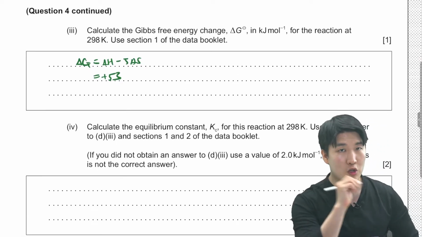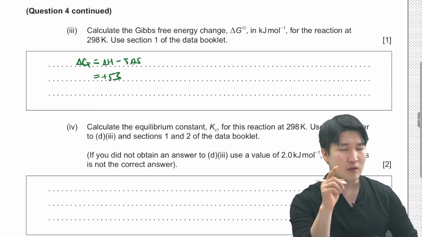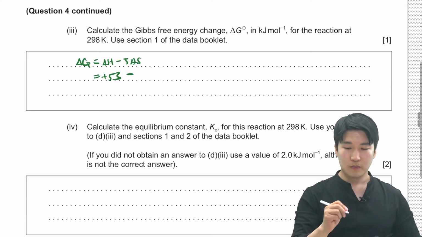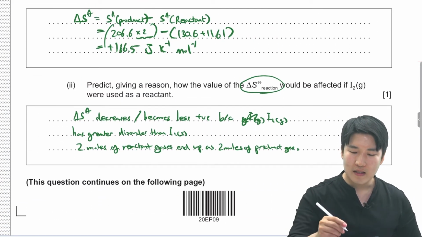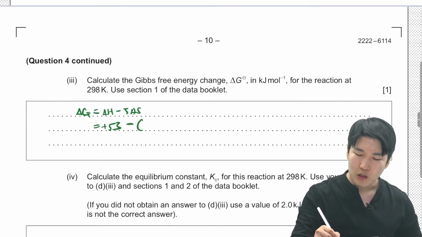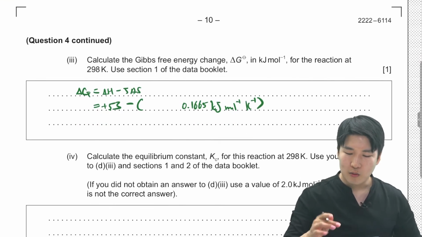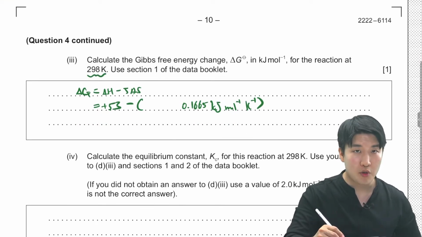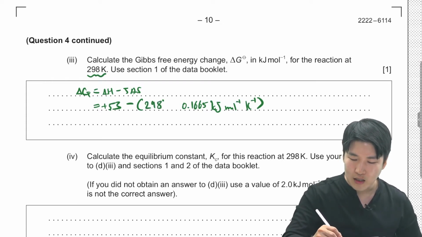Let's remember, kilojoules per mole is the standard unit for delta H, which is not the case for delta S. So we're going to have to make sure that the delta S value we quote will be turned into kilojoules per Kelvin per mole. Instead of using 166.5, we will use 0.1665 kilojoules per mole per Kelvin. Then we will also quote the temperature at which our reaction system is taking place, 298 Kelvin.